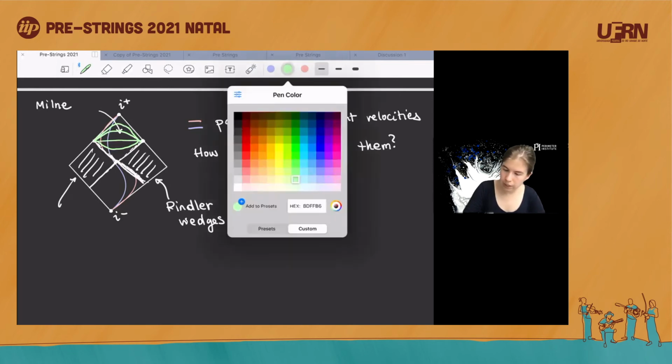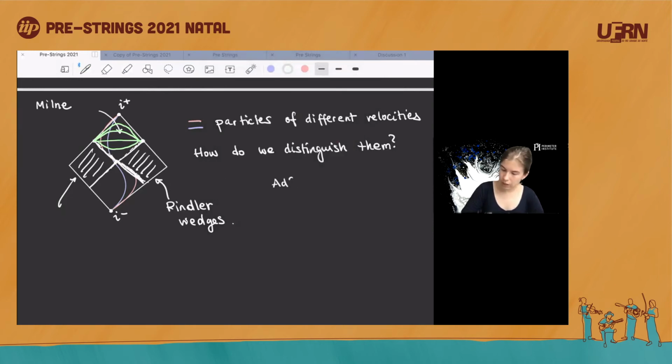One can see that these AdS3 slices can be identified as slices of constant tau squared, where tau squared equals t squared minus r squared, and the little t and r are the usual coordinates in Minkowski space.